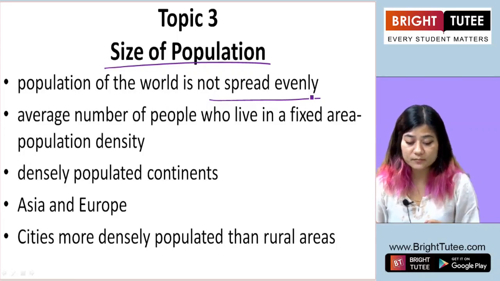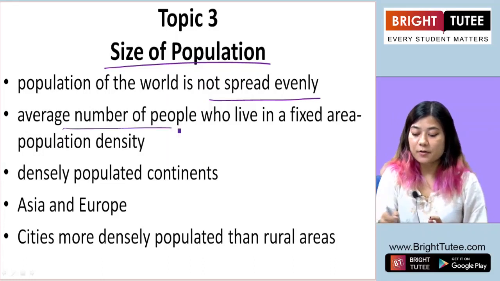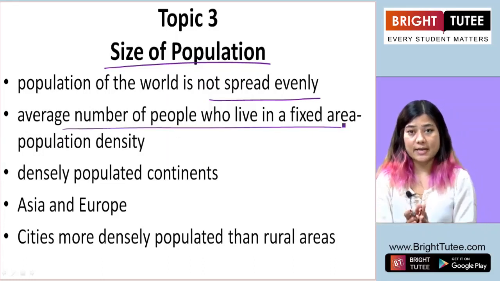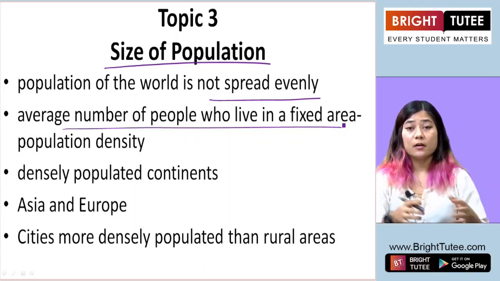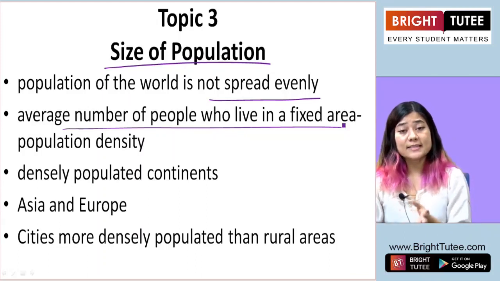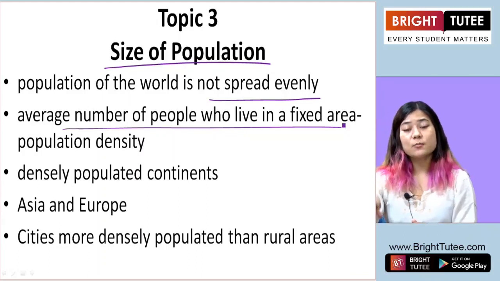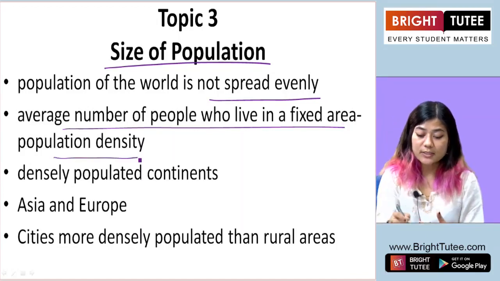Alright. So population density is basically the average number of people who live in a fixed area. Like how we said, density is people living in one small unit of that area. One small square unit of that area. So that is population density.